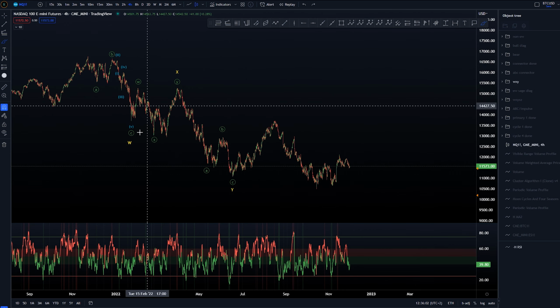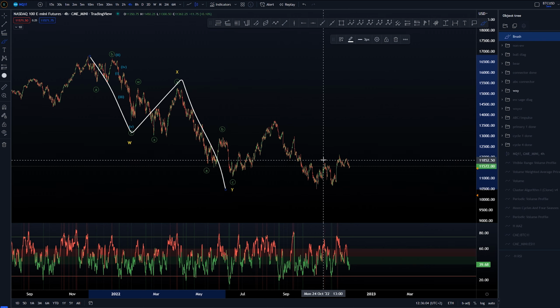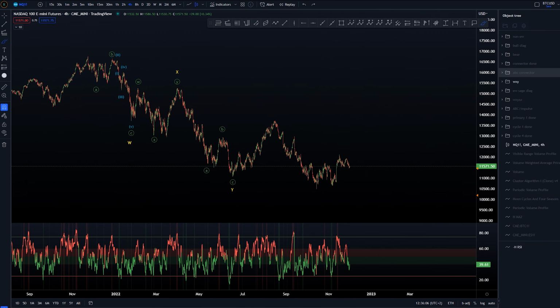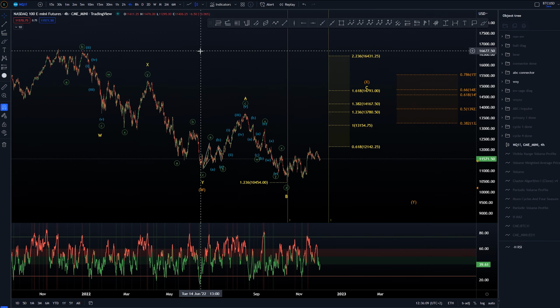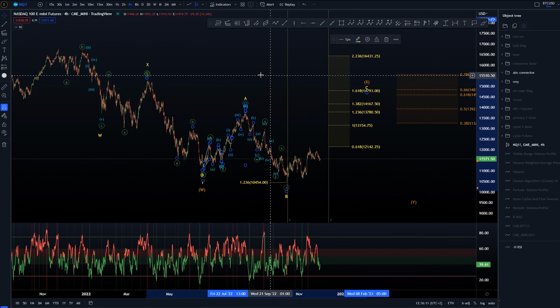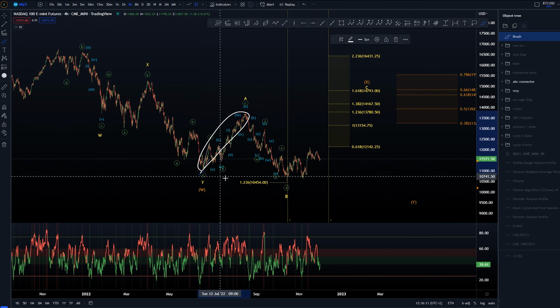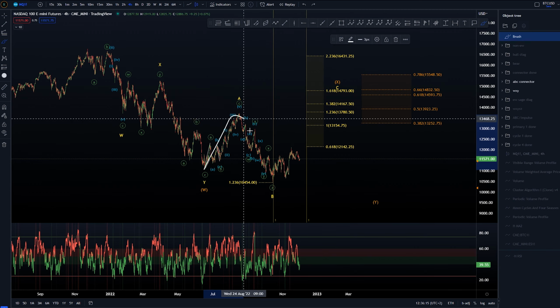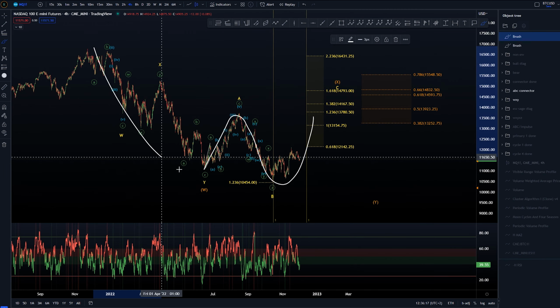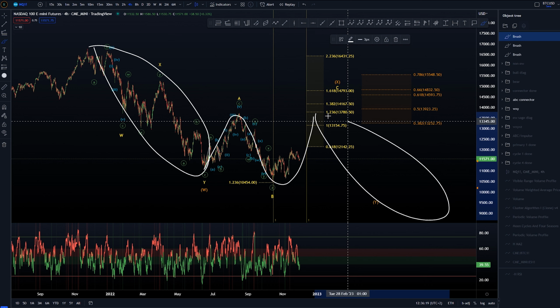But let's continue with this analysis, saying that we had a three-way structure here, and then we would have a possibility where this structure over here is a first leg of a connector wave, connecting this structure at the beginning over to the next down here.